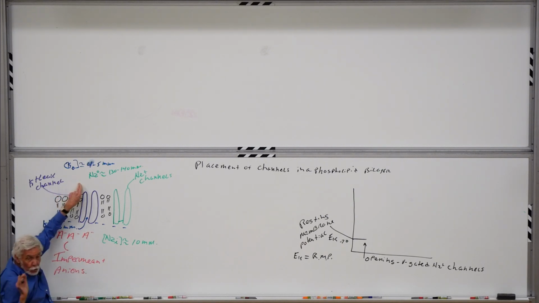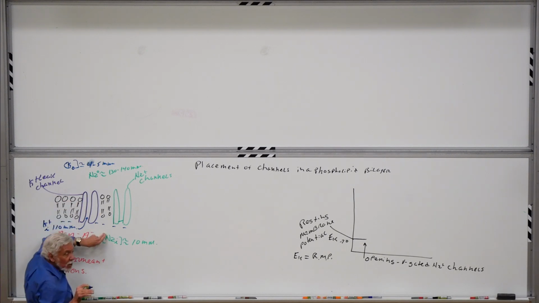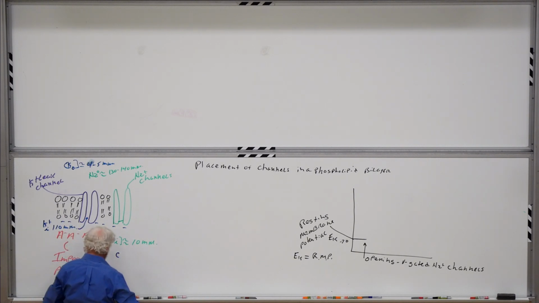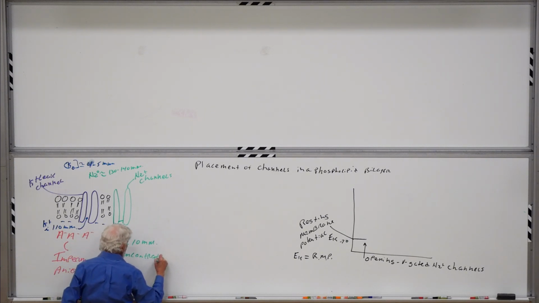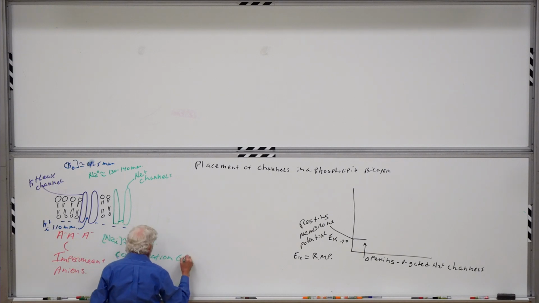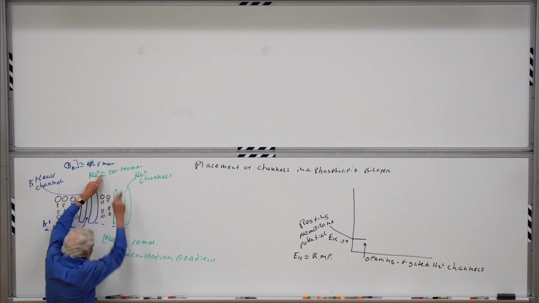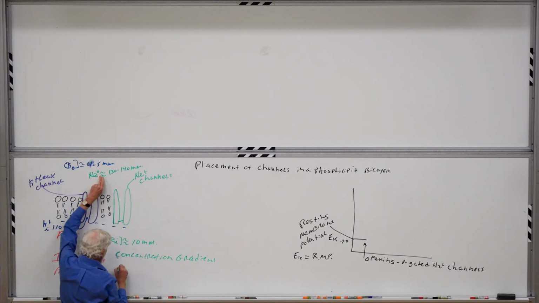So now there are two forces that are effectively driving the sodium into the cell. The first is a concentration gradient. There's this concentration gradient, 130 versus 10, but there's also an electrical gradient.